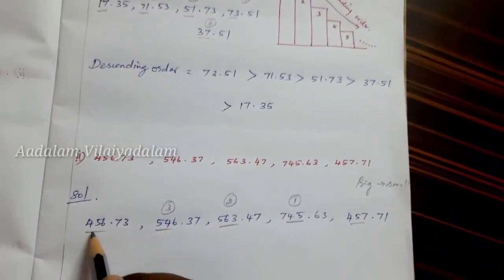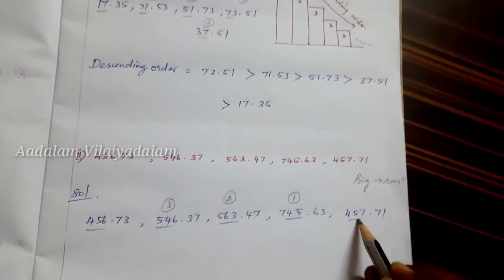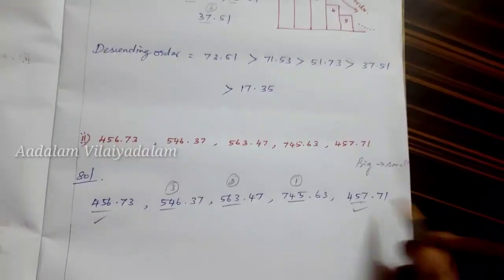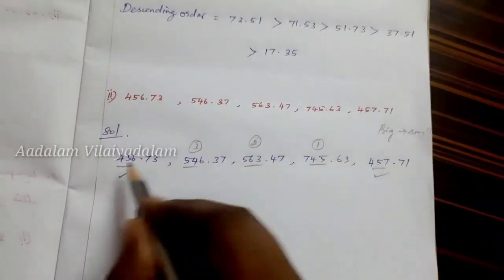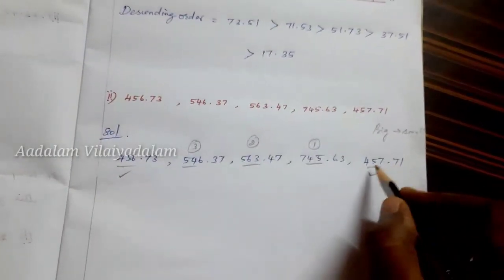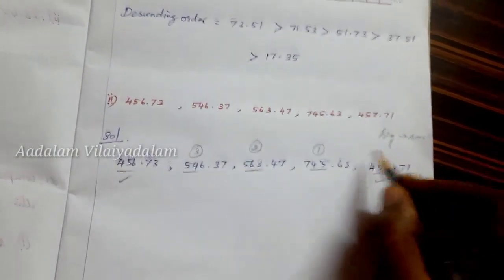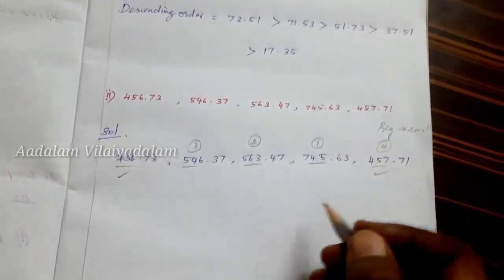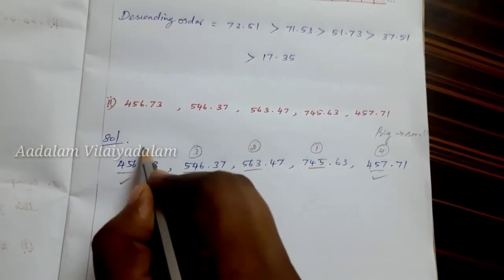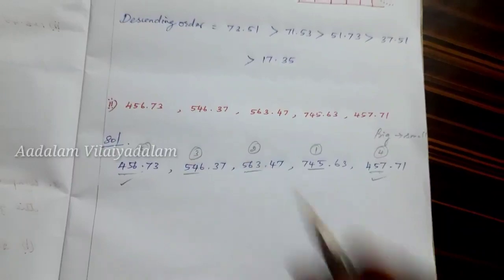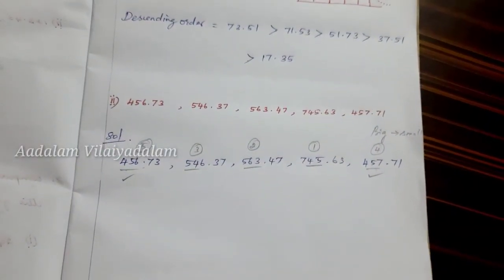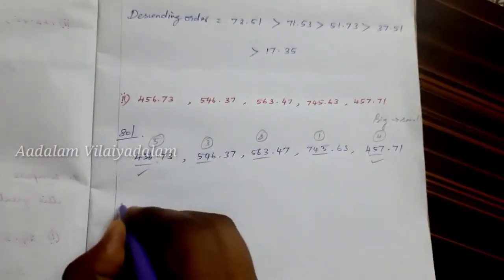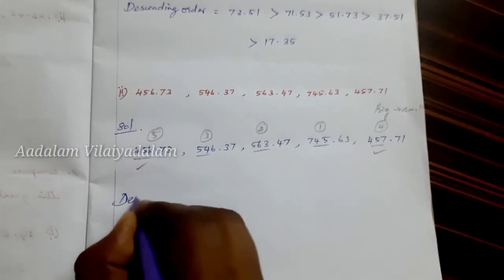Now compare 456 and 457. Comparing these two, which is the bigger one? 456 is smaller, but 457 is the bigger one, isn't it? So therefore this is the fourth number, and the least number is 456.73.